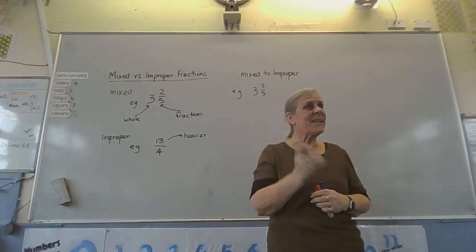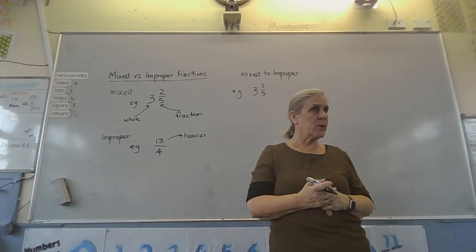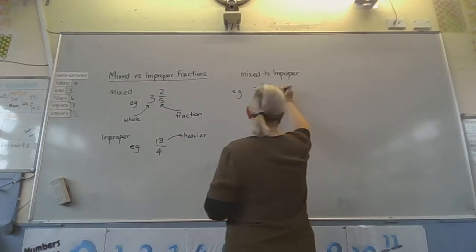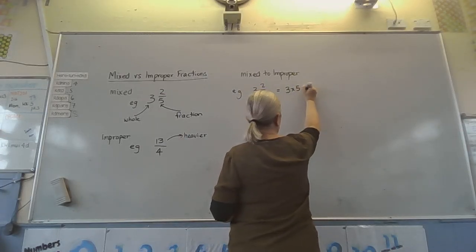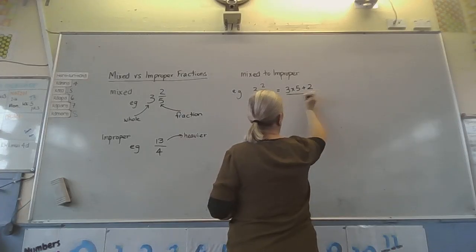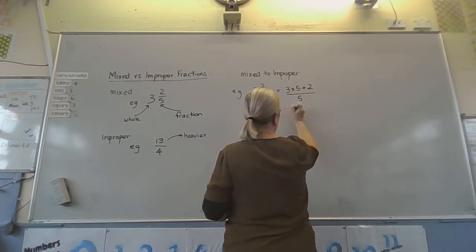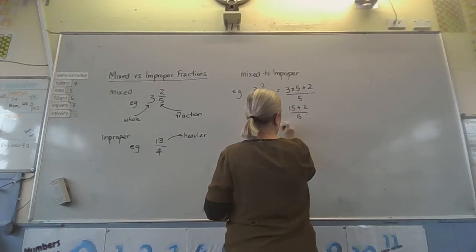That is exactly the working we're going to show, all right? We will know we're right because 3 times 5 plus the 2 that are already there, over 5. So we've got 15 plus 2 is 17 over 5.